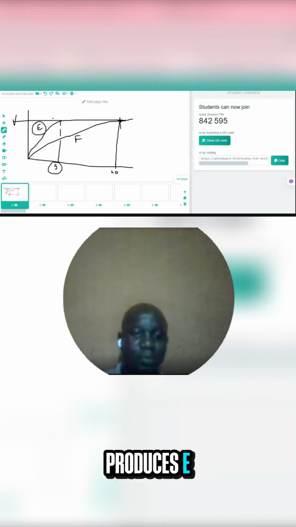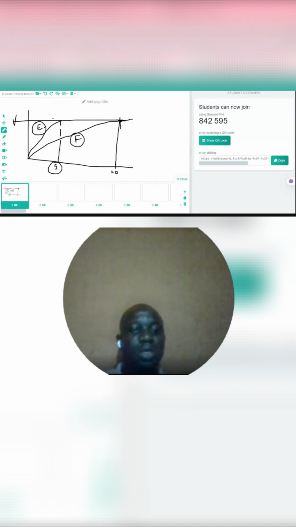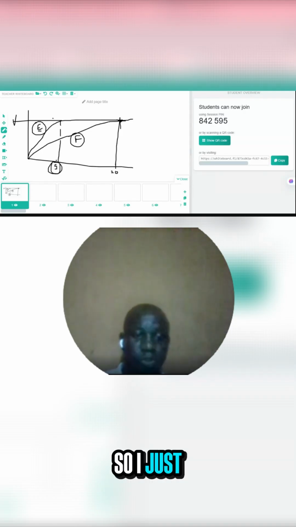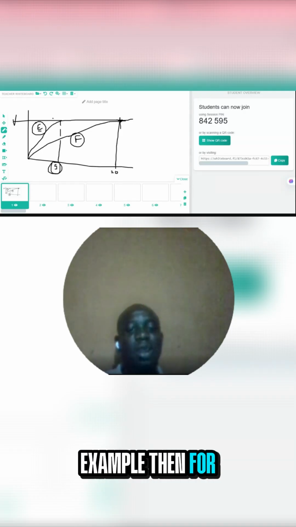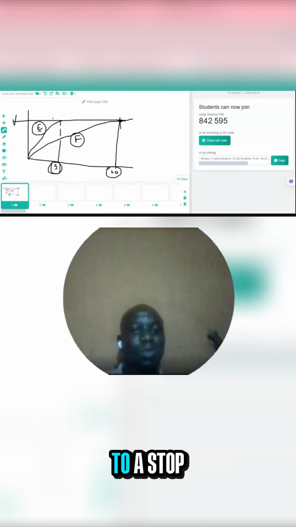So the reaction that produces E is faster than the reaction that produces F, because the production of E comes to completion after about 5 minutes. The time comes first. So I just use 5 for example. Then for F, the production comes to a stop at the end of about 20 minutes.